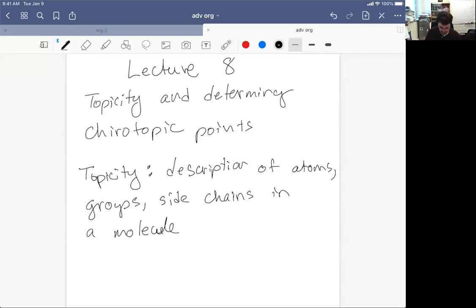Now, what this is really useful for is when looking in NMR.